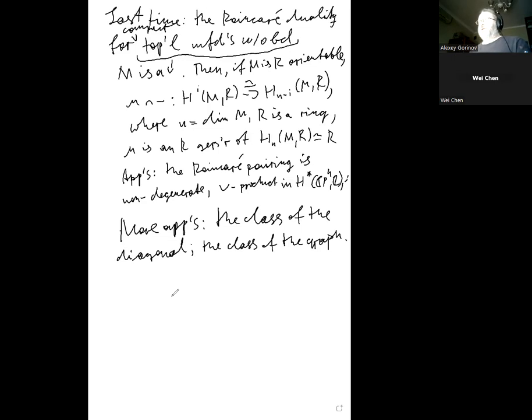Well, the class of the diagonal is a particular case, but still, let's do this case first. Before we try to calculate the class of the diagonal, let's recall another thing from the class on Monday.